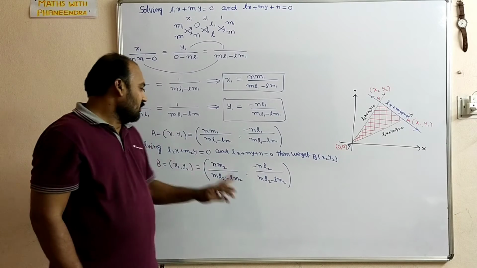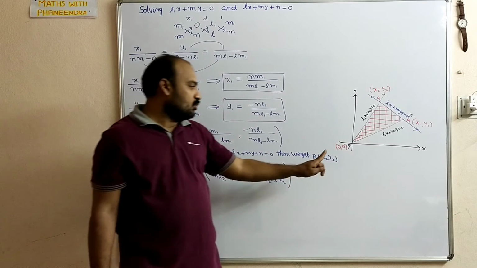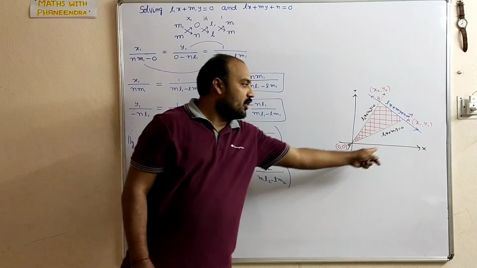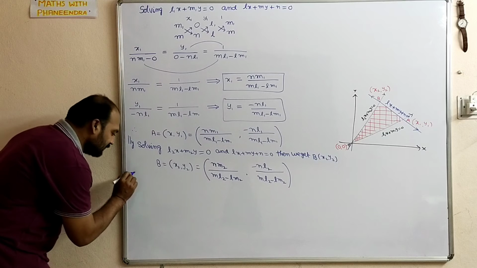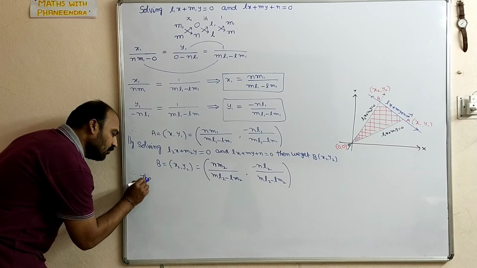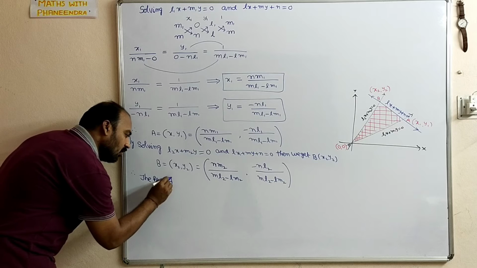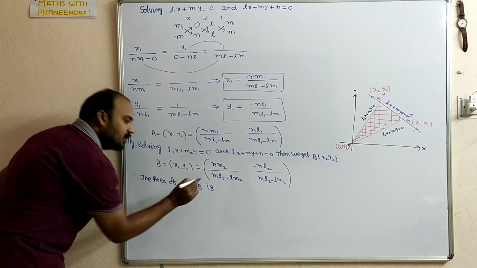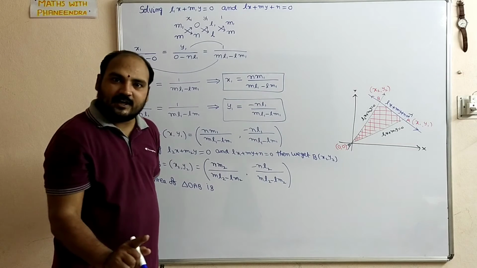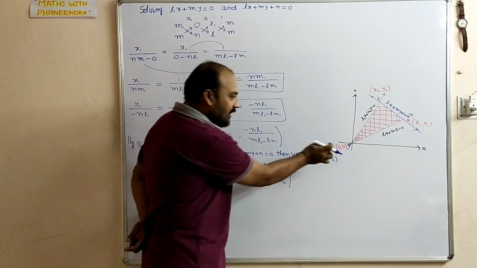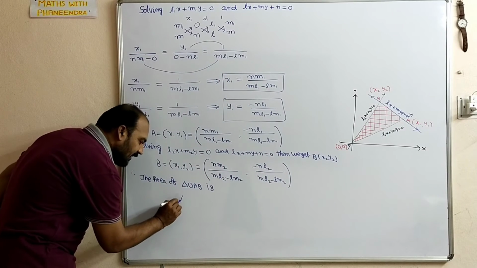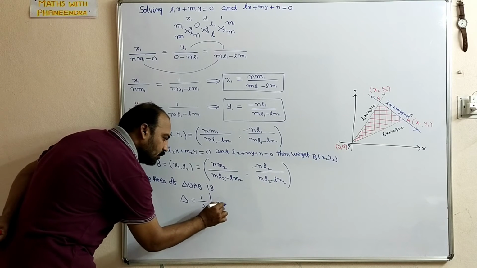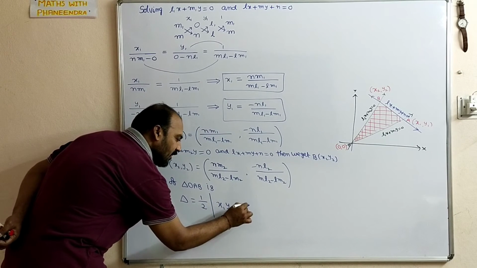After getting A of x1 y1, B of x2 y2 and the origin, we know that the area of triangle OAB, where one of the vertices is the origin among the three vertices, the formula is delta equal to half into mod x1 y2 minus x2 y1.